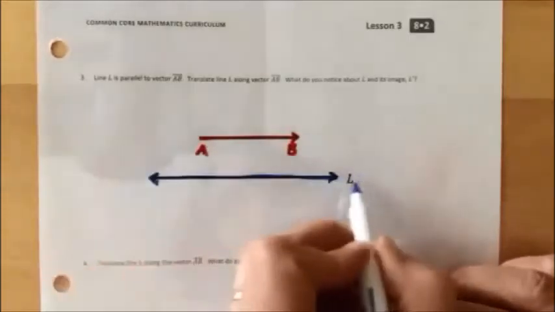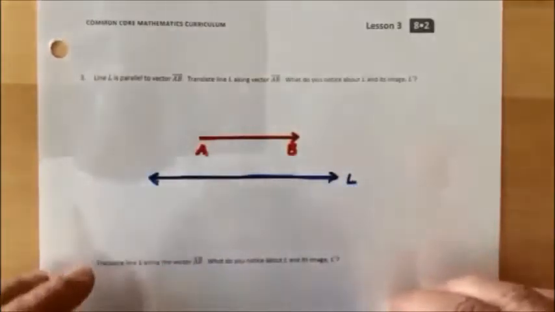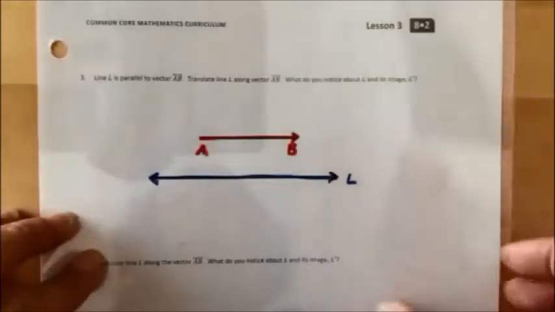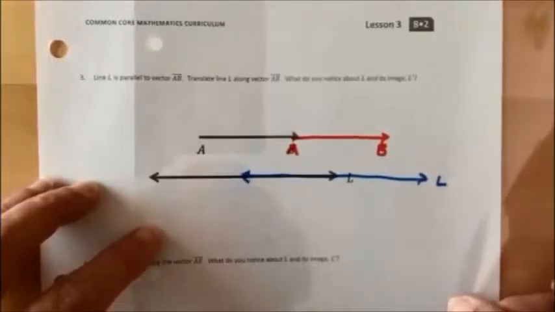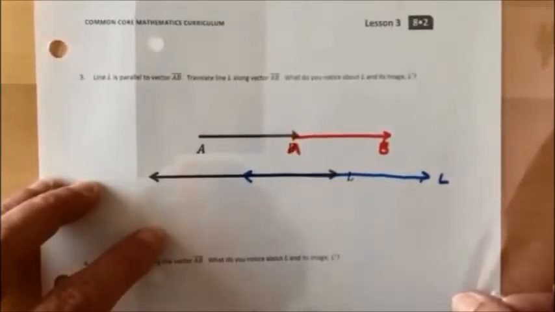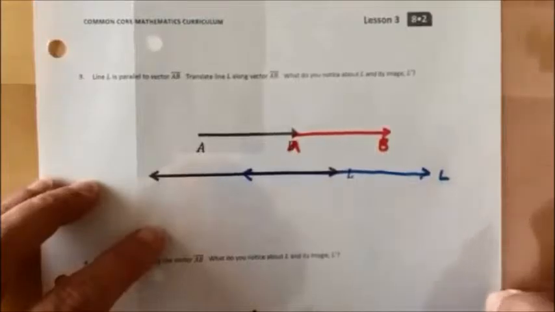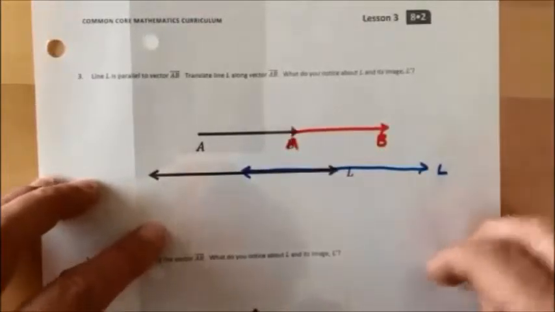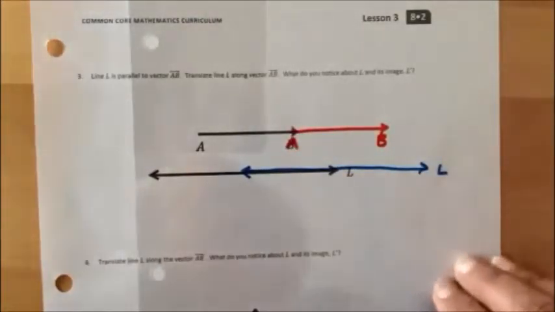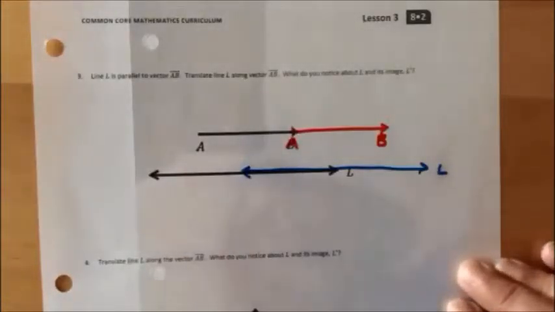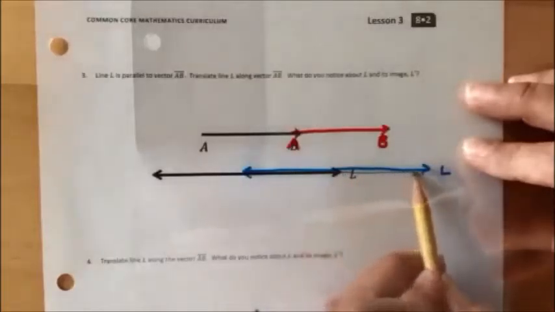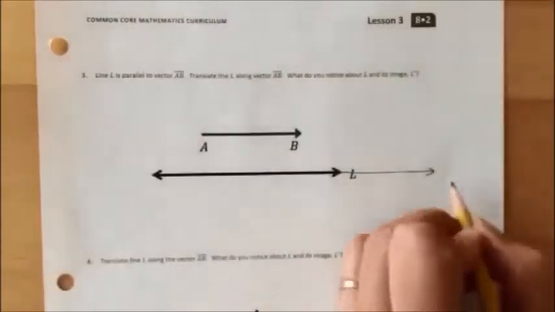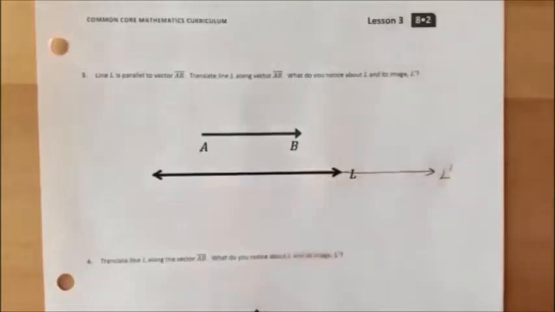So what's going to happen in this case? There's L. We're going to slide it. Remember, we translate by taking our beginning point and matching it up to the ending point. I'm going to trace my line here, like so, and there's L prime.